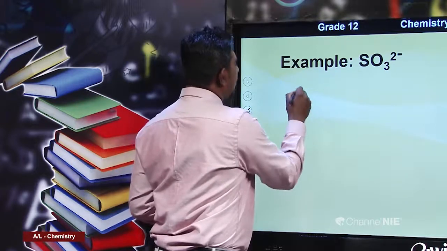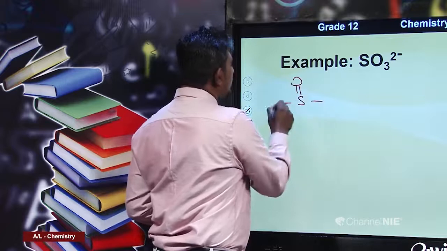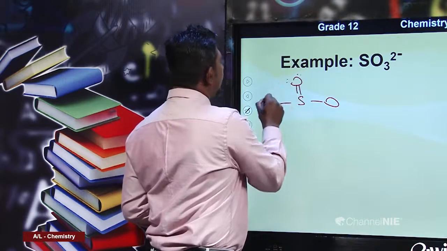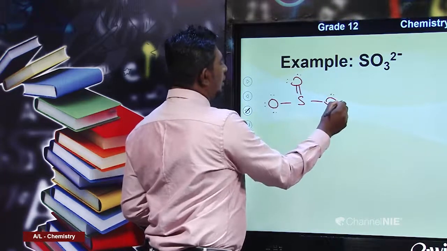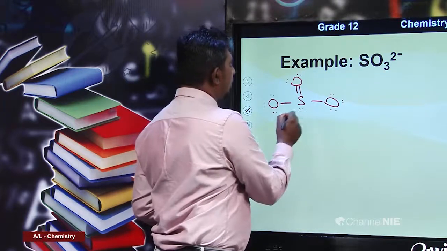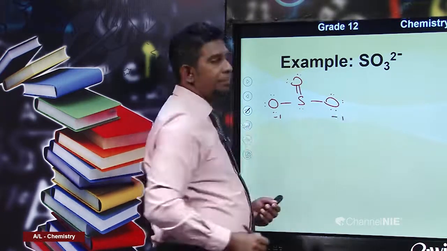SO3 2- could have its possible Lewis structure like this, with -1, -1.